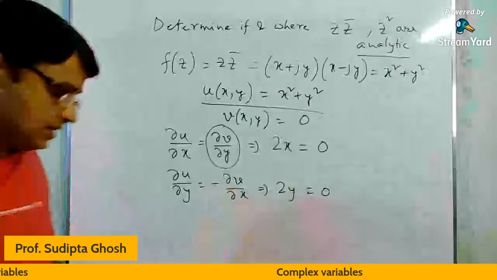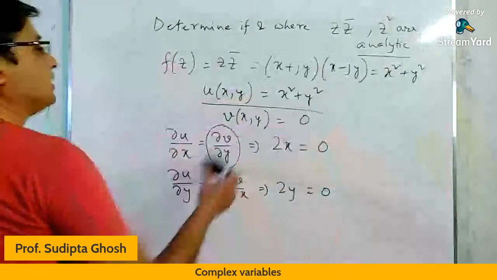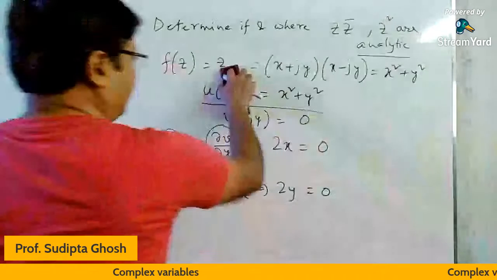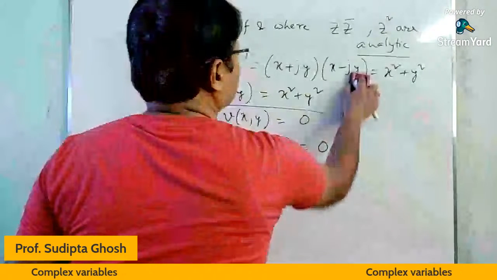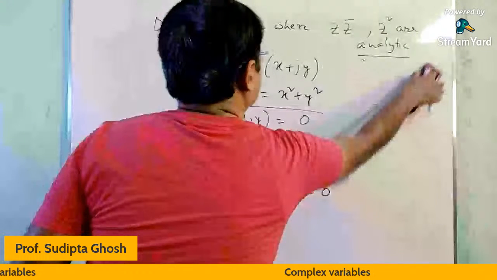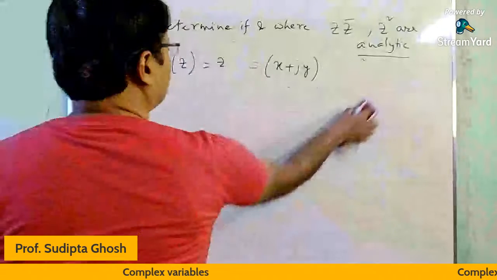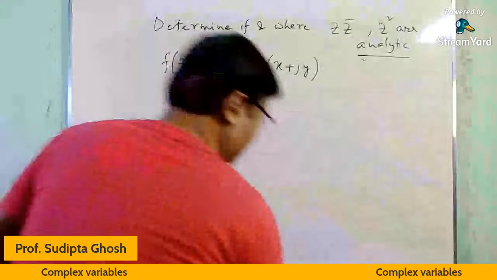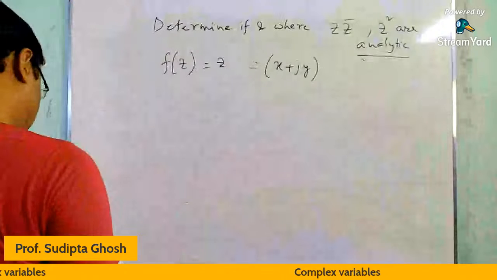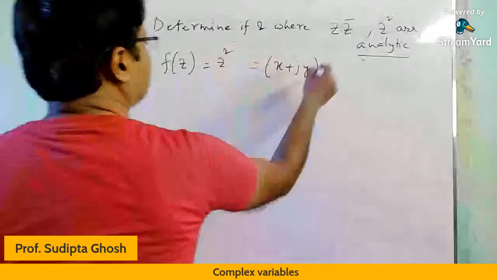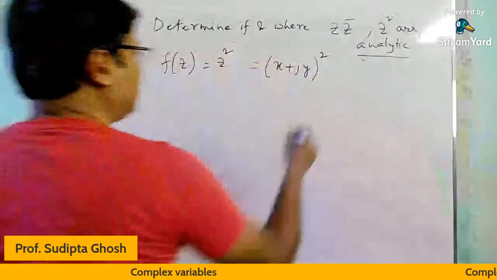Now let's move on to the next function, that is z square. Here the function is taken to be f of z equals z square, that is x plus jy whole square.